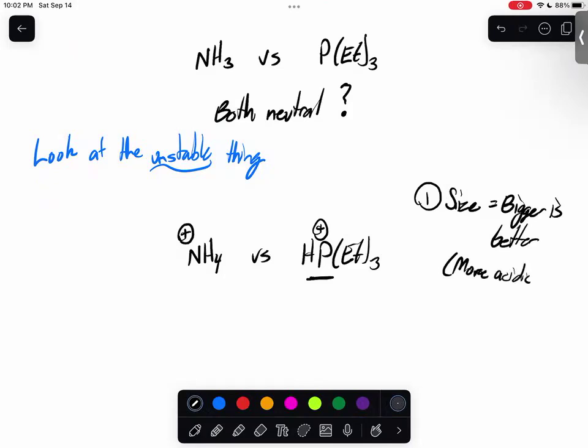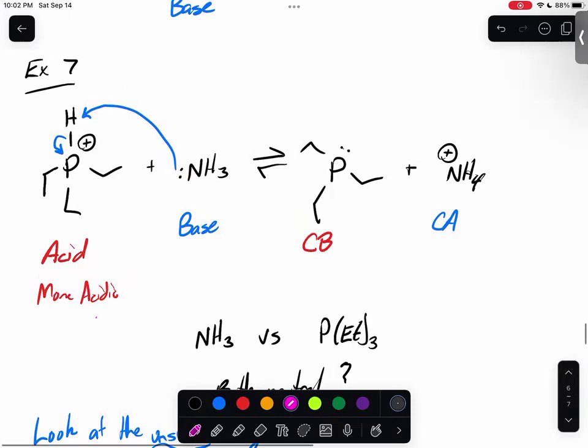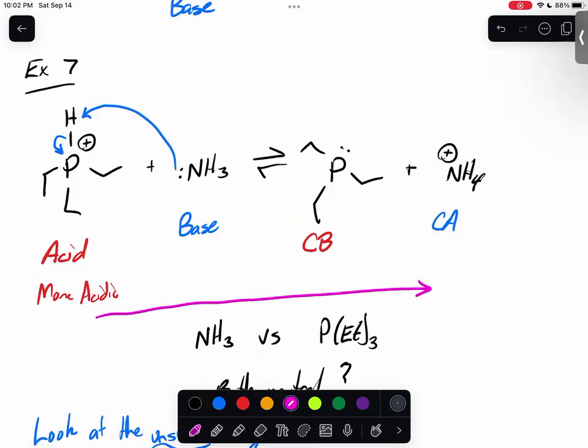So in this case, it actually helps us out knowing that phosphorus is larger in terms of size because that tells us that this acid over here must be more acidic. It's not necessarily due to the stability of the conjugate base. It is due to the instability of the acid itself. And so that tells us our equilibrium direction, because it points away from the more acidic acid. And the reason in this case is, like we just described, due to the size.